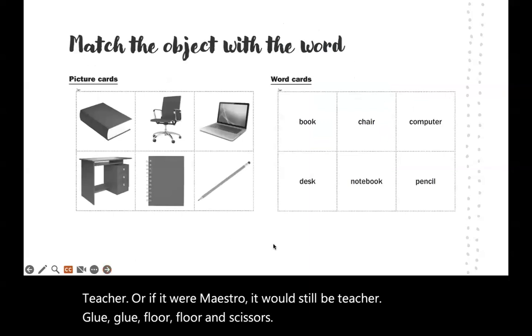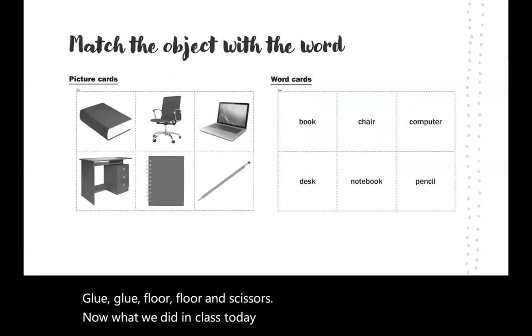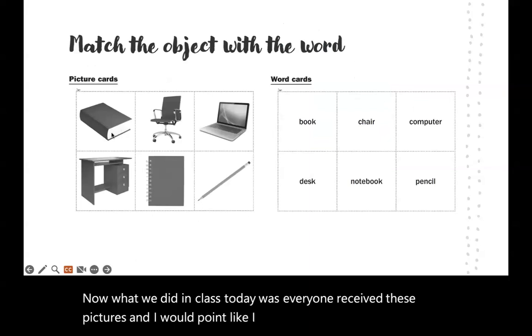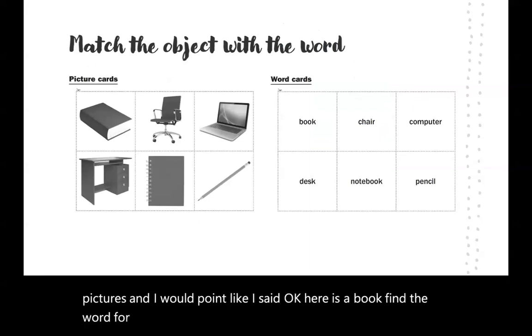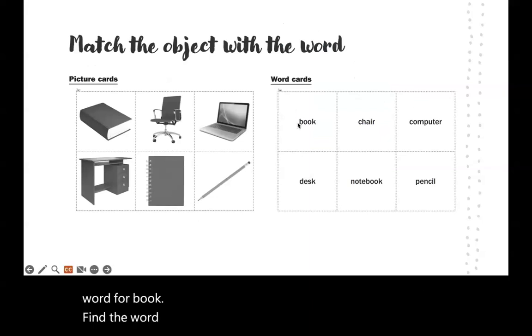Now, what we did in class today was everyone received these pictures. And I would point, like I said, okay, here is a book. Find the word for book. And here it is. Okay, here's a pencil.